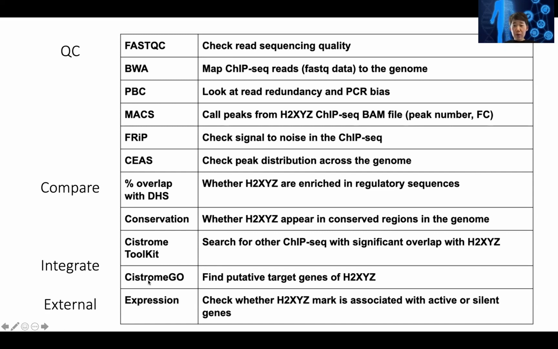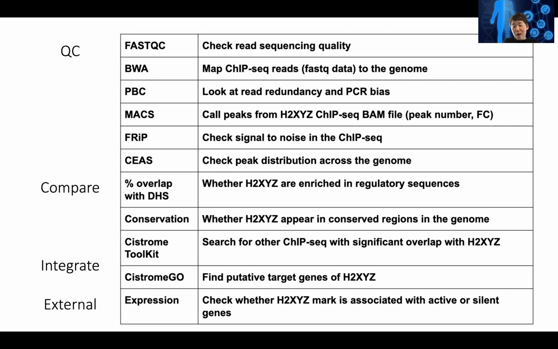And also you can assign the reads of the XYZ to the nearby genes, and you can look at the putative target genes of XYZ. And if you have differential expression, if you have gene expression, this is similar to, remember your homework 4, when you were trying to look at DNA methylation. You want to see whether DNA methylation is associated with active gene expression or silent gene expression.